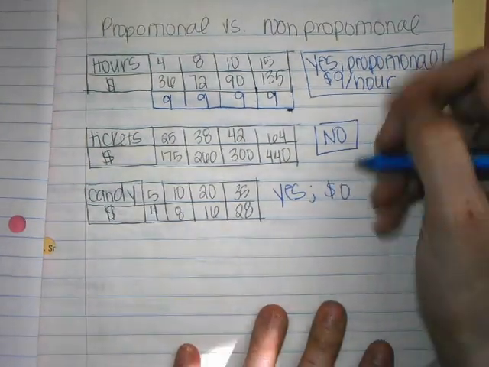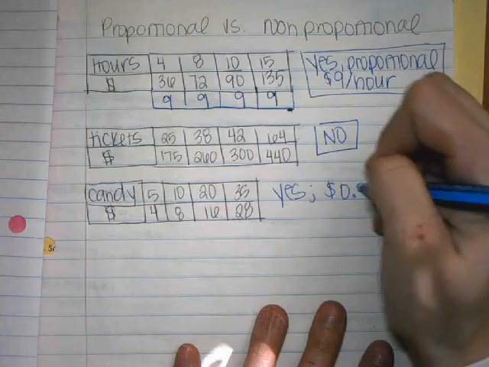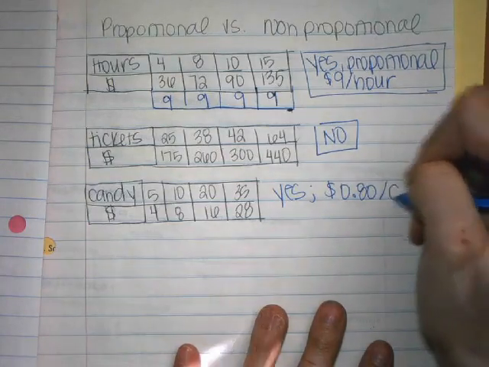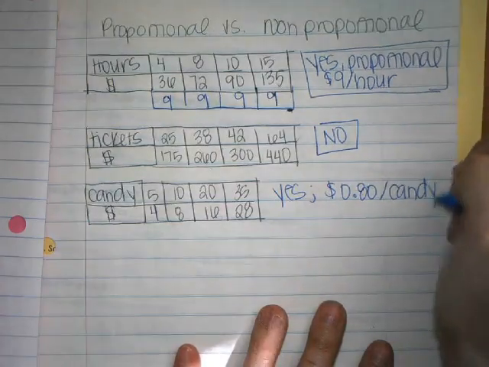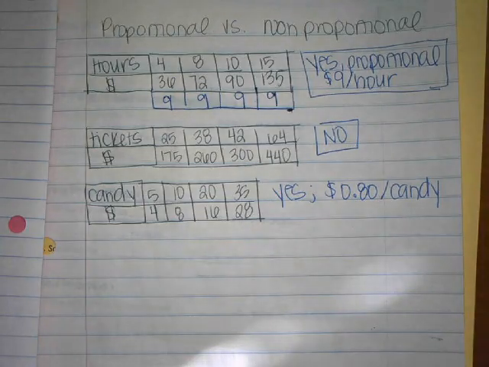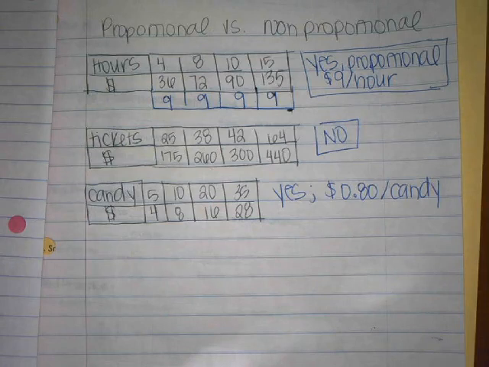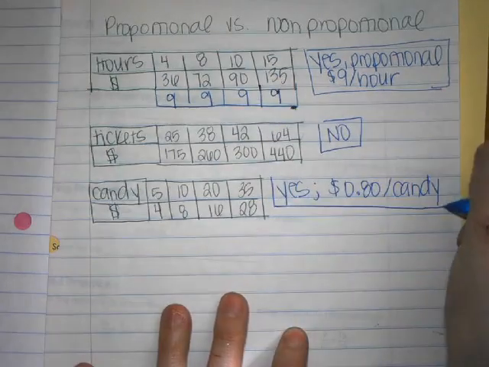It is not 8 cents. It is 80 cents per candy. Because when you divide it, it's 0.8. Don't add a 0 in front of that 8, after the decimal. 8 and 80 cents is a big difference. Okay, any questions?